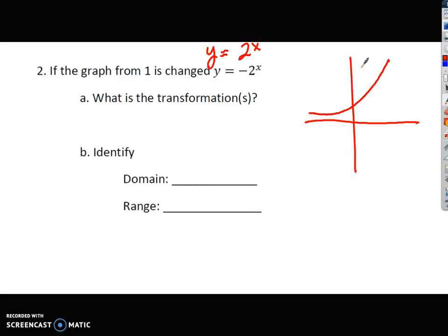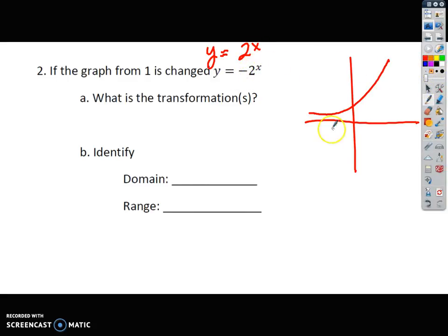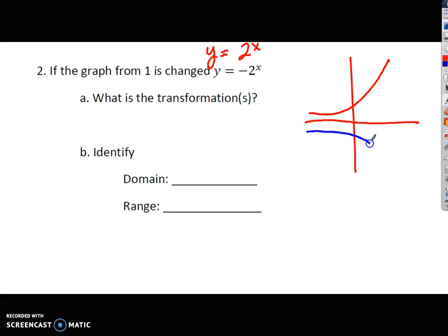With the negative in front, it is actually going to flip. How do we call that? This is called reflection, a reflection over the x-axis.